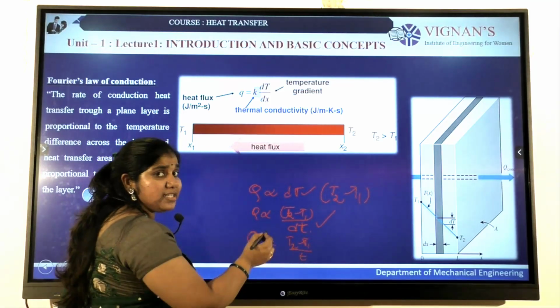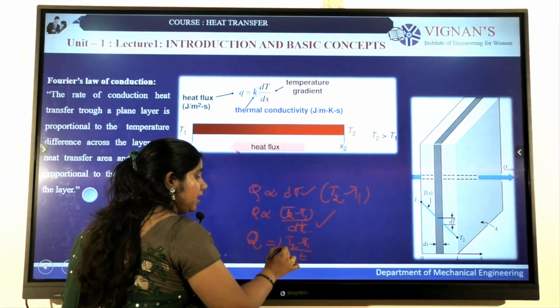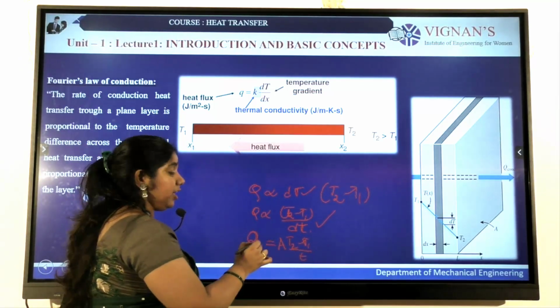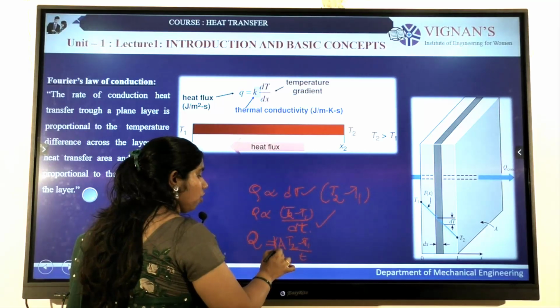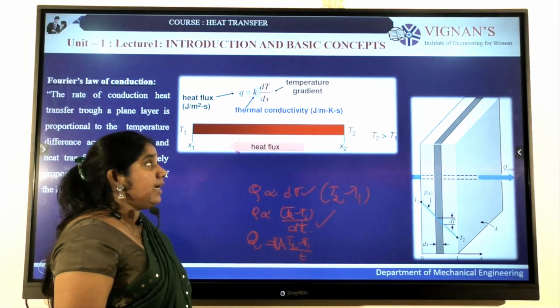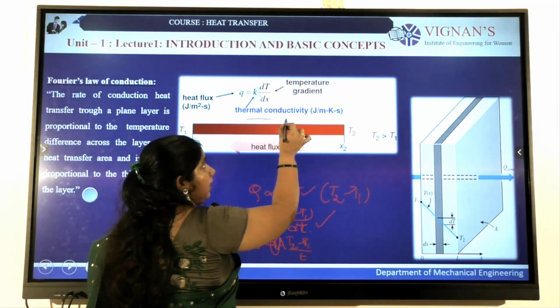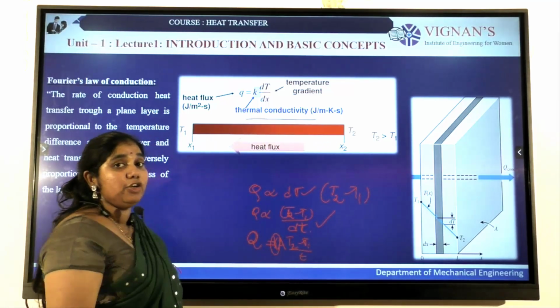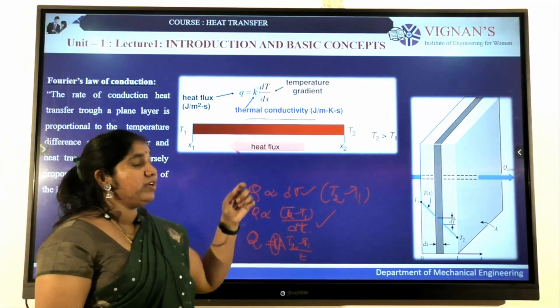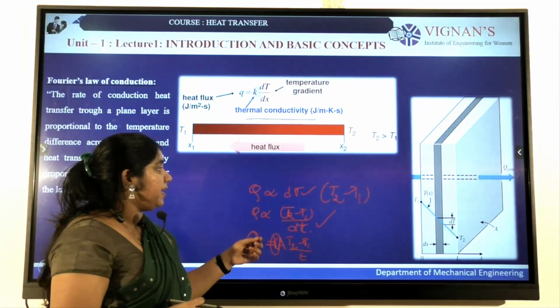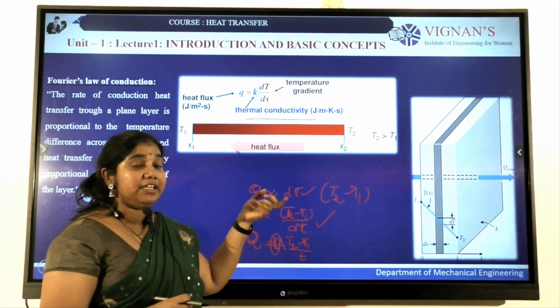This is happening in a unit area. So we have to have a proportionality constant. That constant is called small k, the thermal conductivity, which is denoted by small k, and the units are joule per meter Kelvin. Here the temperature T2 is greater than T1.